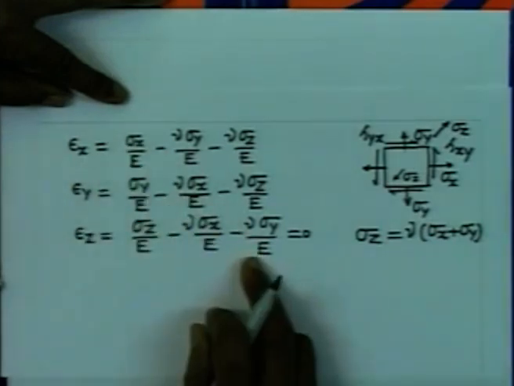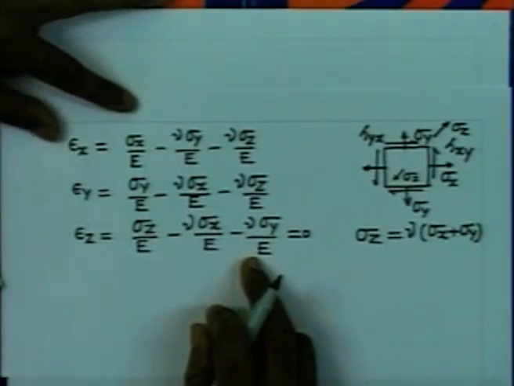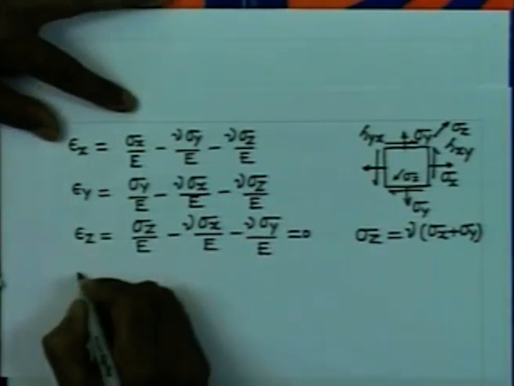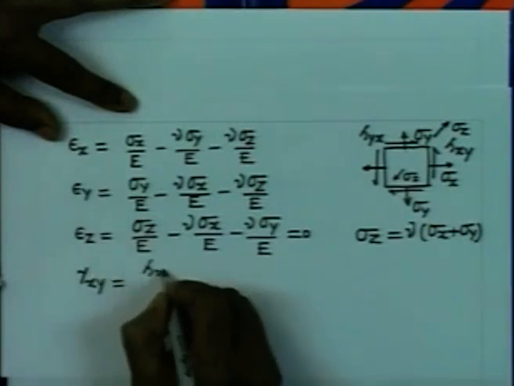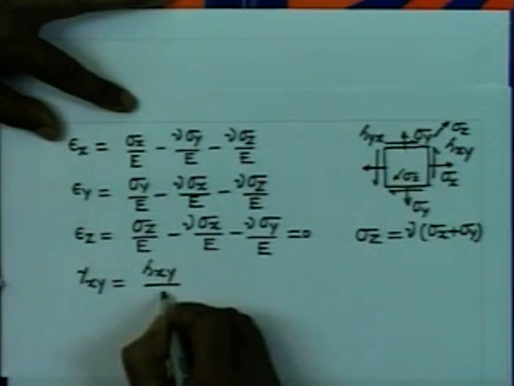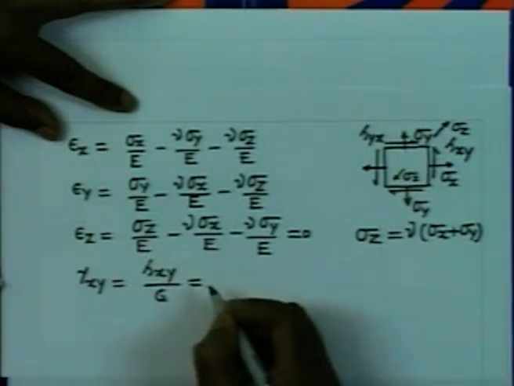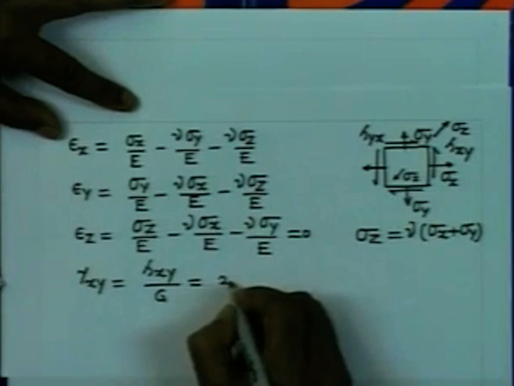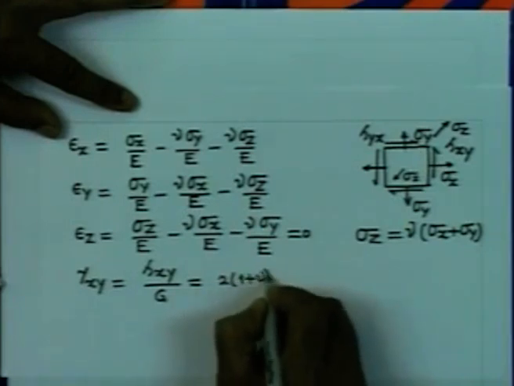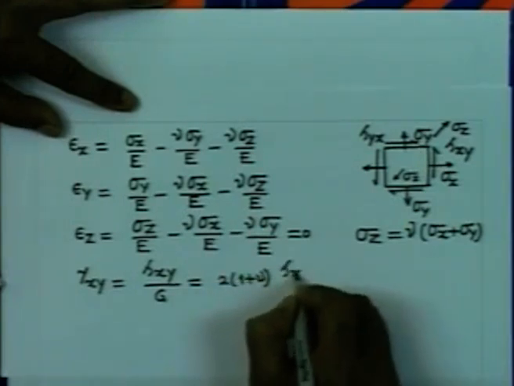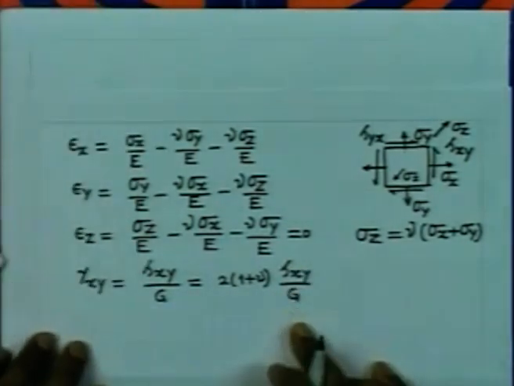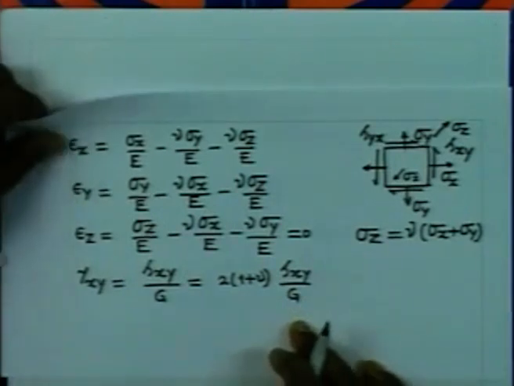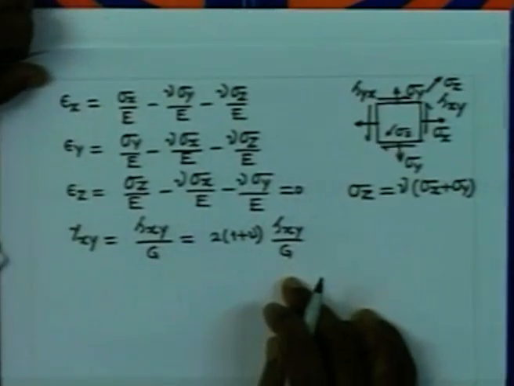Therefore, there are only two normal stresses as unknown in this particular case, and the shear strain gamma xy is going to be given by tau xy by G, and since G is related to E, we can write this thing as 2 into 1 plus nu tau xy by E. So, these are the relationships in the case of plane strain.